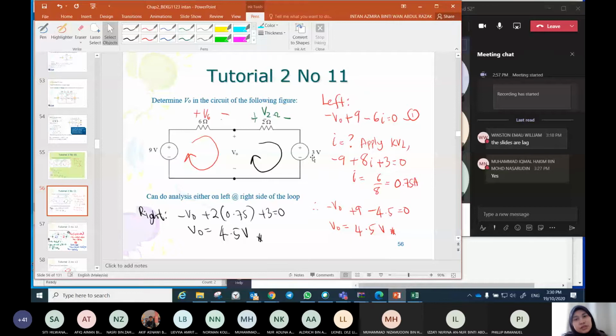When you see this type of question, V0 is the same whether you calculate at the right side or at the left side. This is the right side, this is the left side. Depending on the question, please choose the easiest one to analyze, either the right side or the left side.